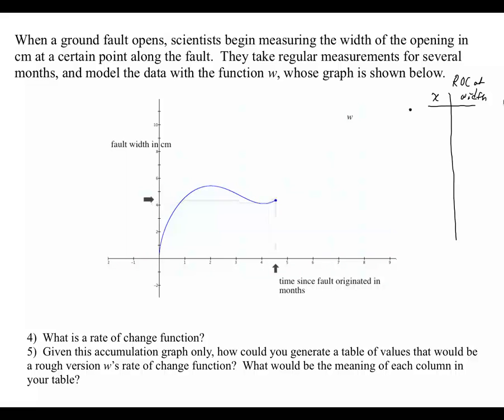So for instance, I'm going to say it's at 0.25, at a quarter of a month gone by. All I have is this graph. How can I get a rough estimate for the rate of change of the width? W of 0.25 would give you an exact y value from the accumulation, and then you can find another x value, get W of that next x value, and find the delta y.